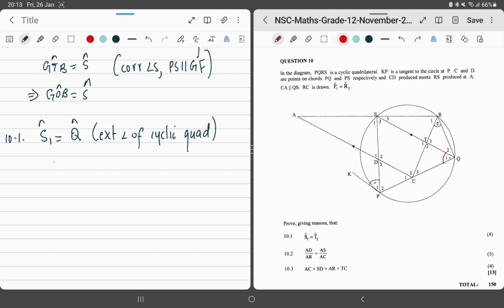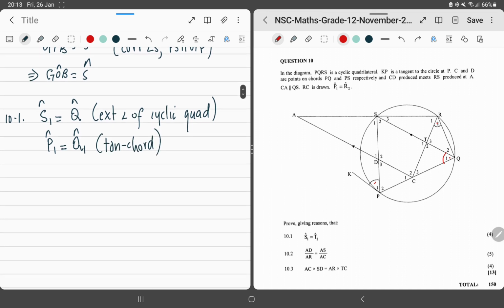Okay, P1 is equals to Q1, and this is because of the tan chord. And then T2 is equals to R2 plus Q2. This angle is equals to that angle plus that angle, because this is a triangle.